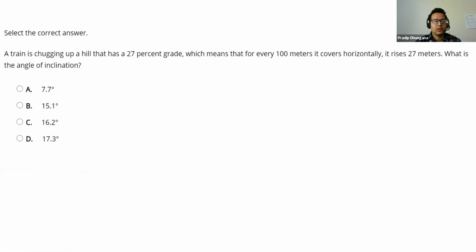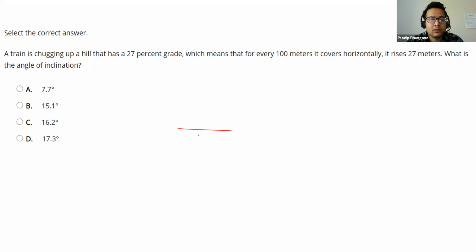The question is, a train is chugging up a hill that has a 27% grade, which means that for every 100 meters it covers horizontally, it rises 27 meters. What is the angle of inclination? Okay, let's do that problem. To solve this problem, let me make the diagram.